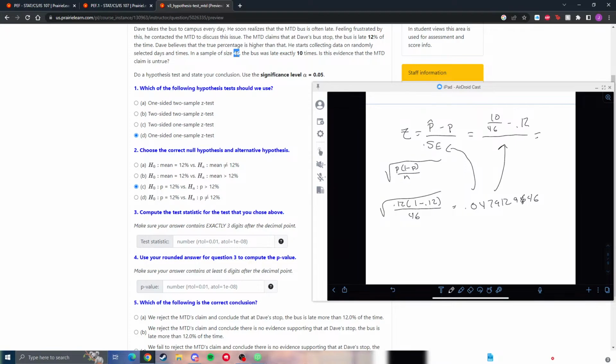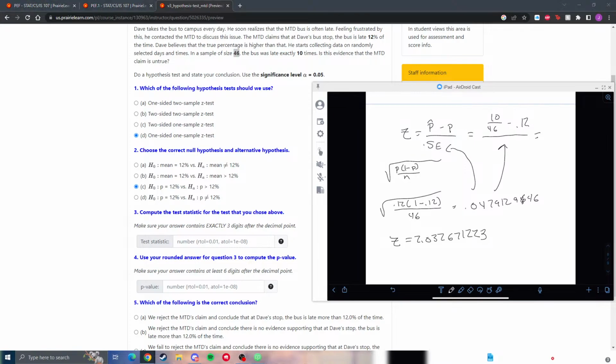Plugging it into my calculator, I got a Z value of 2.0326712223.